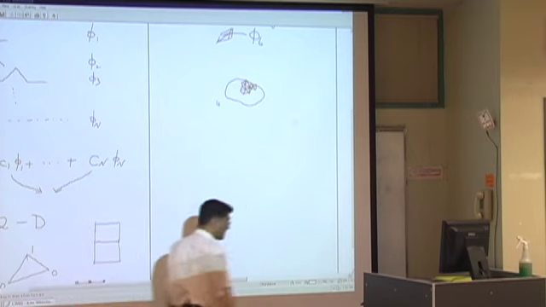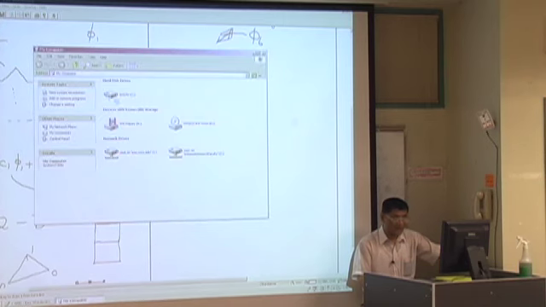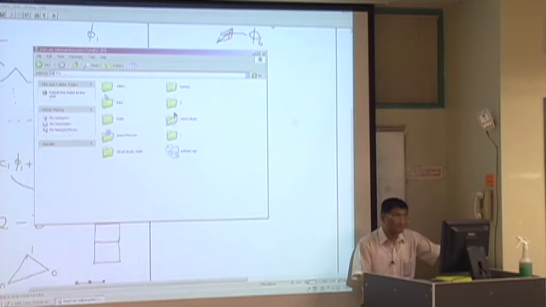In fact, in the past, I assigned homework problems like this. I gave some shape and asked the students to discretize it.